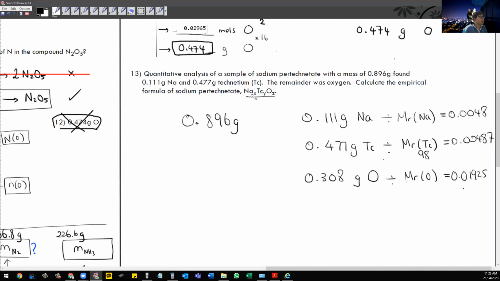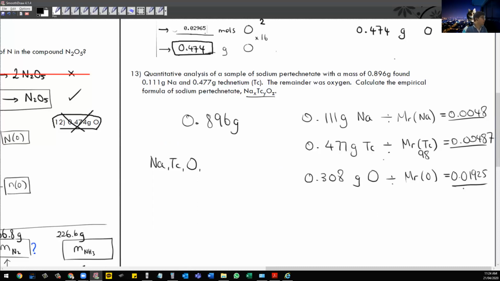So if sodium, technetium, and oxygen are all 1, 1, 1, then of course all of these numbers must be the same. There'll be the same number of sodium, technetium, and oxygen. But obviously this and this are pretty much the same, I think. And this one is like 5 times them, isn't it?